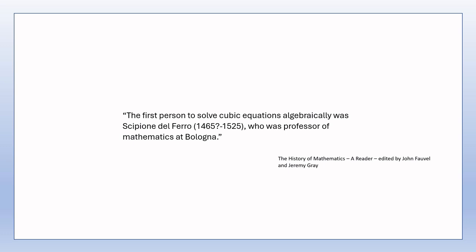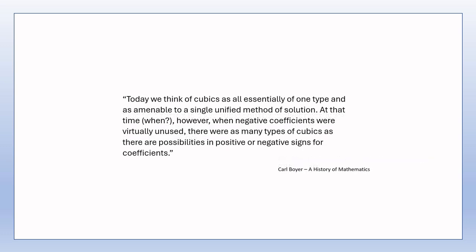We read in Carl Boyer's A History of Mathematics. "Today we think of cubics as all essentially of one type and as amenable to a single unified method of solution. At that time, however, when negative coefficients were virtually unused, there were as many types of cubics as there are possibilities in positive or negative signs for coefficients."